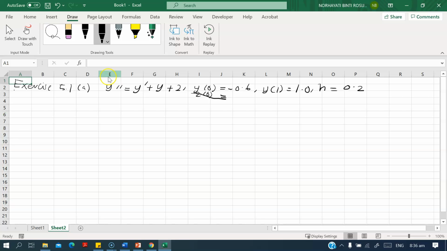Then given your first guess, which is your first z0 equal to 0.4, and your second z0, which is equal to 1.0.